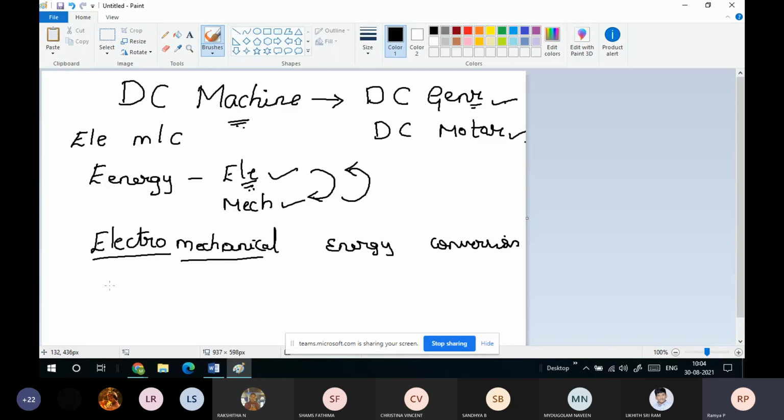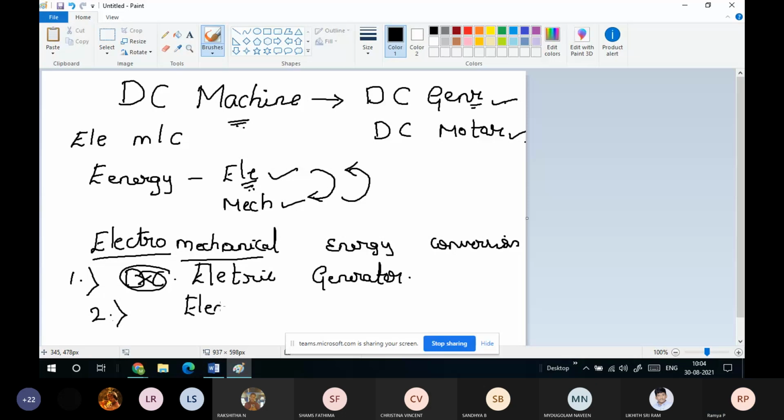So if we go for the classification, the first one is your DC generators, or in basic terms, your electric generator. What is the job of this? I will tell you. The second one is your electric motor.